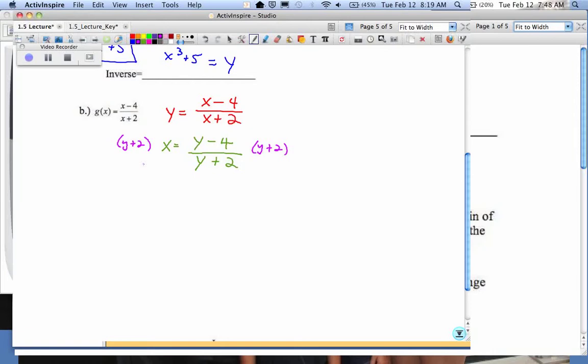Now, when somebody does something algebraically, that doesn't mean that's what you would do first. But what this does is it eliminates the denominator there. And I am going to distribute over here. So I have y times x plus 2x is equal to y minus 4.